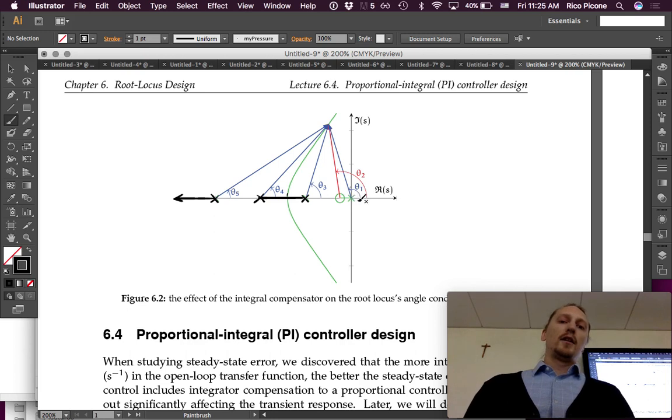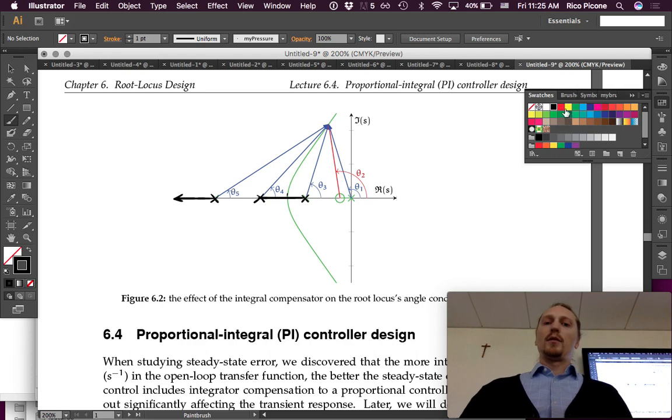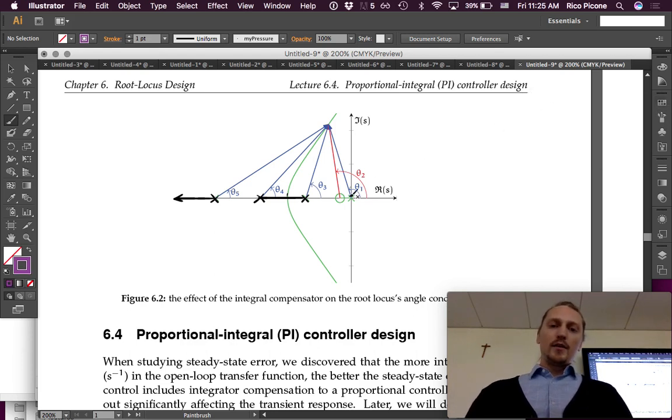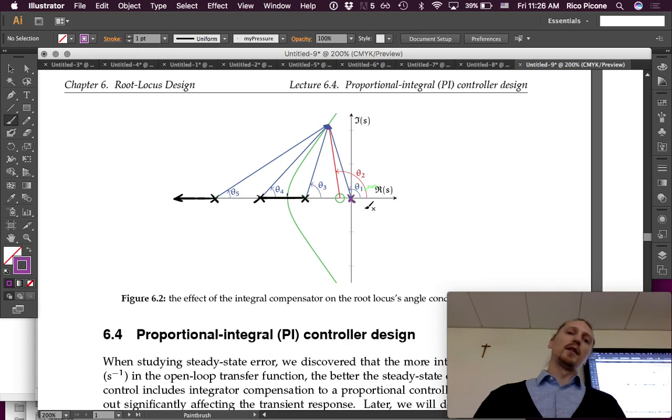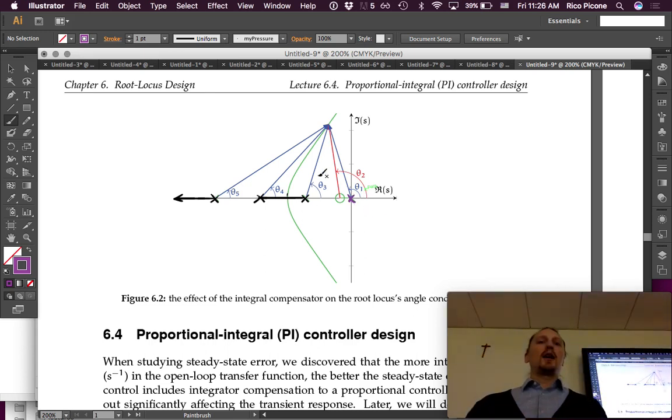Now, let's say you included your compensator. I'll use a different color, purple. Say you put an integrator at the origin, so an integrator in your transfer function. That pole right there is going to totally change this root locus if we don't add a zero there as well.